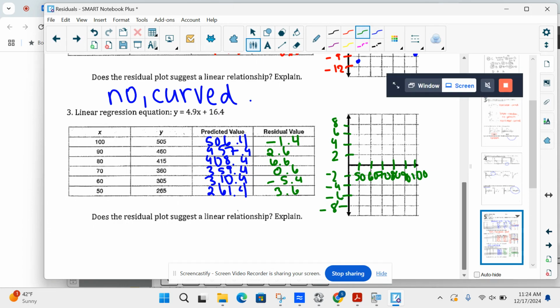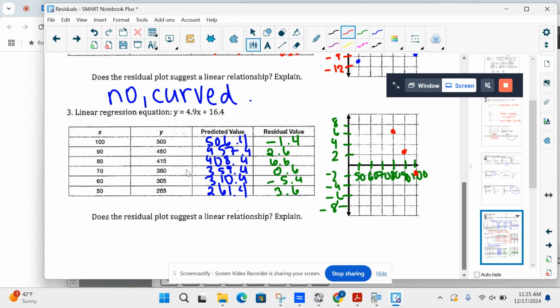And then we put our residuals on. I'm going to do mine in red. So we have to go backwards in the table. Well, you could go forwards, you just start at 100. So over at 100, you're down at negative 1.4. And then the residual at 90 is 2.6. The residual at 80 is 6.6.